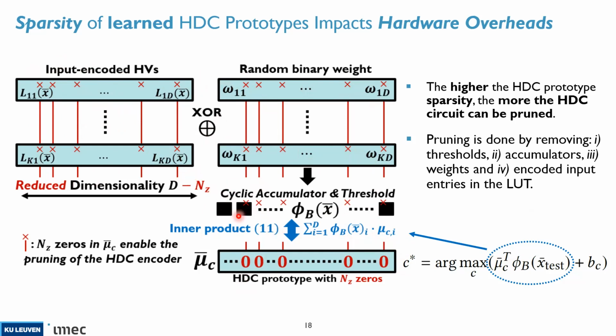And so you see how having a sparse learned HDC prototype vector allows you to not only reduce computation, but also reduce memory utilization and area, because you can remove from hardware all the entries that will end up being multiplied by zero, therefore saving area, energy, power, and so on.